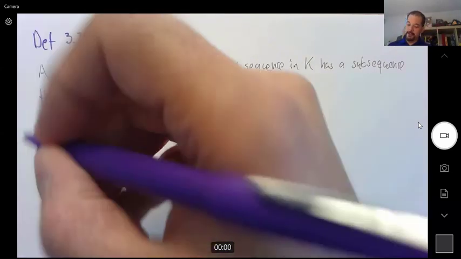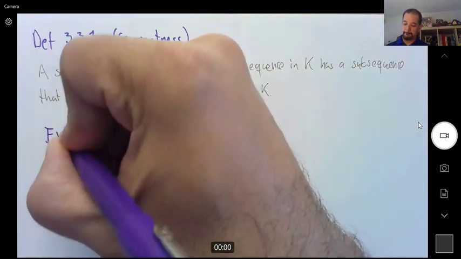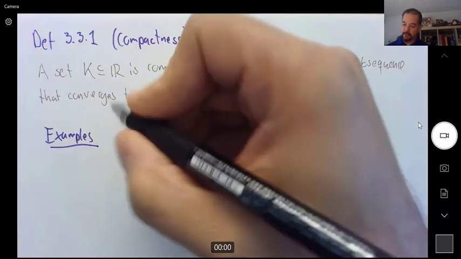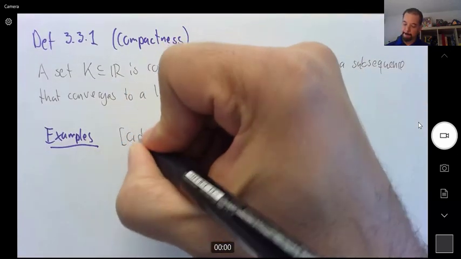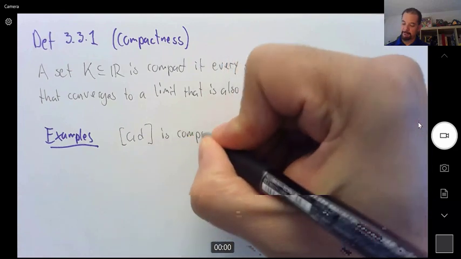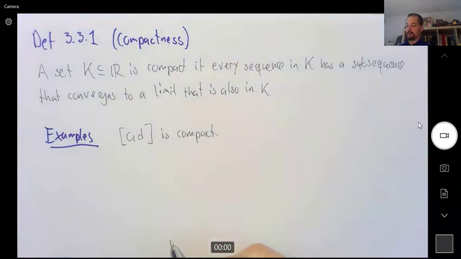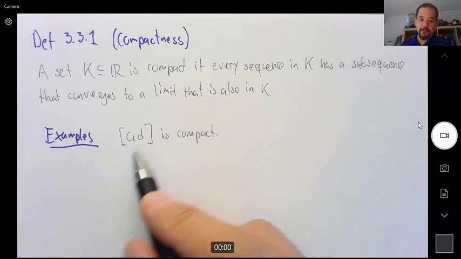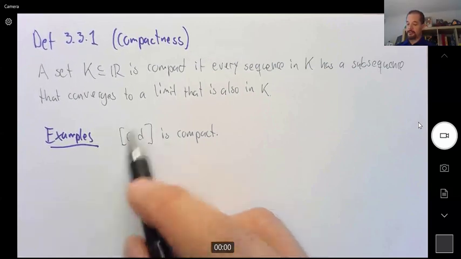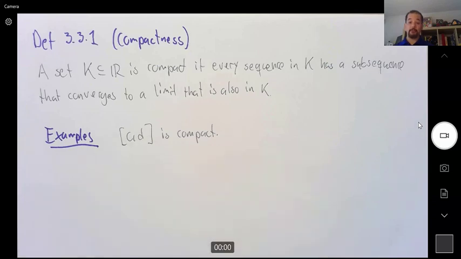So let's see some examples. One example is the closed interval [c,d]. [c,d] is compact. Why is it compact? Well, think of an arbitrary sequence. If you pick an arbitrary sequence in here, it's going to be bounded because it belongs to the interval [c,d].